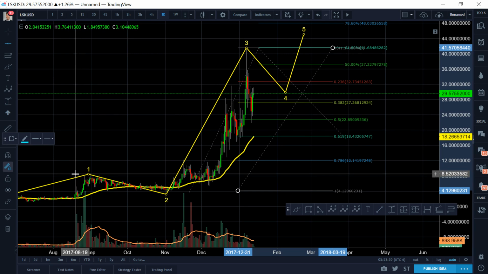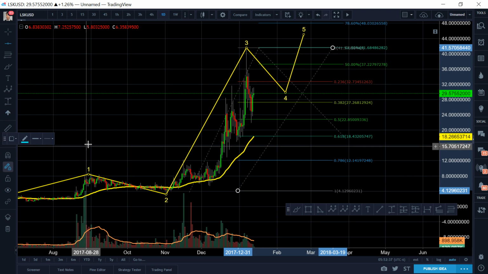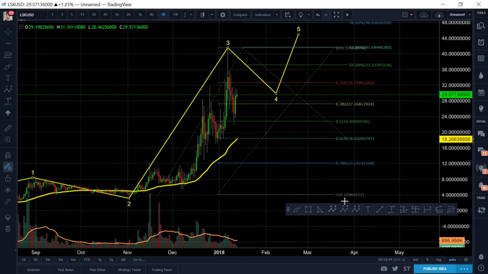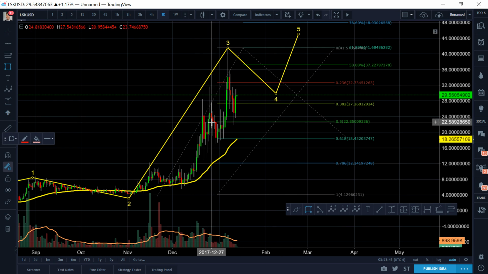We'll assume different layers of possibilities. It's possible to go back down to $7. Not likely at all. Where's a very likely Fibonacci zone that has lots of price action, that has lots of support or resistance that has formed before?